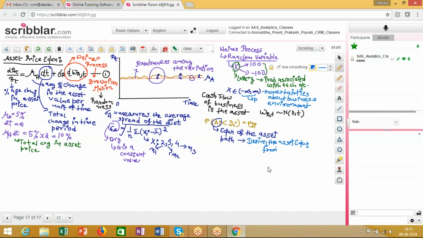So over here, what you can see is I need to integrate this part, right? And from there, I need to compute the asset price path or the asset price equation, as we may call it, right? So, guys, just give me 5 minutes time, and we'll just start back.